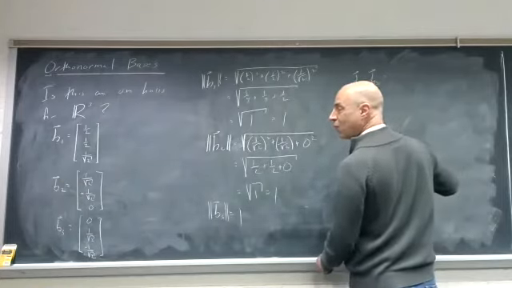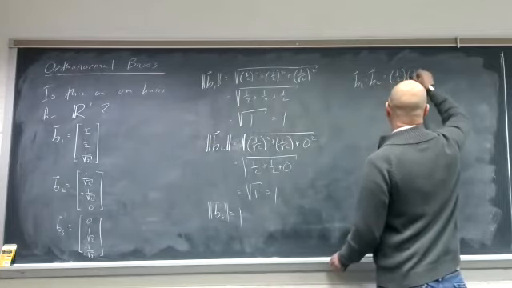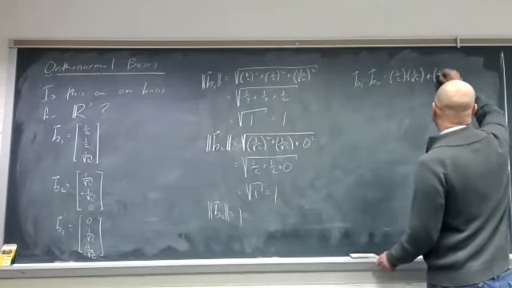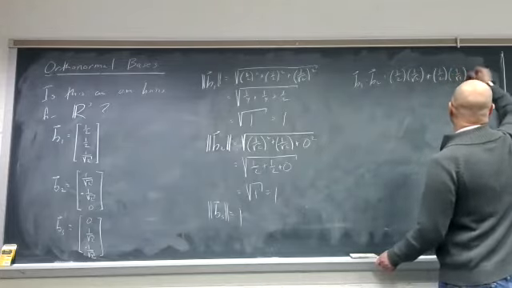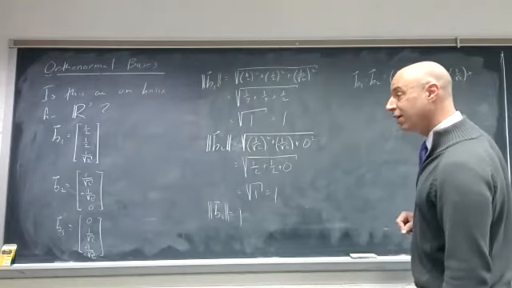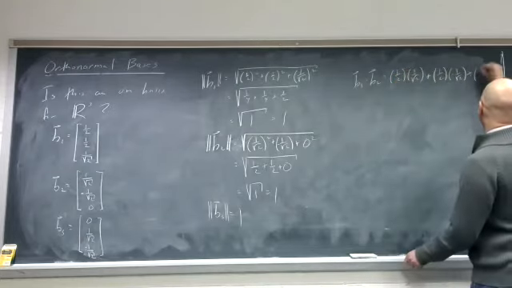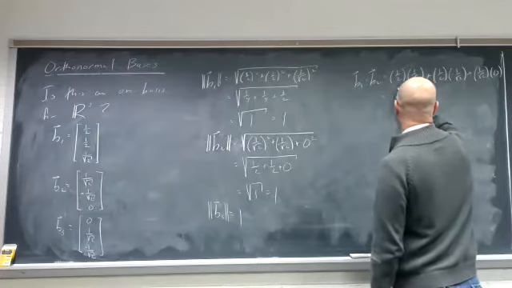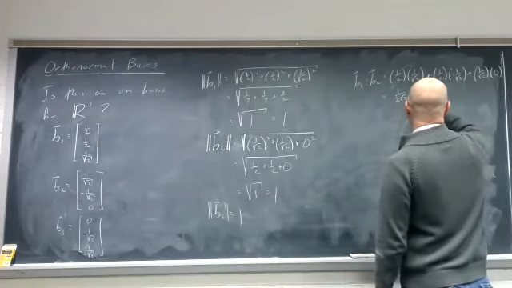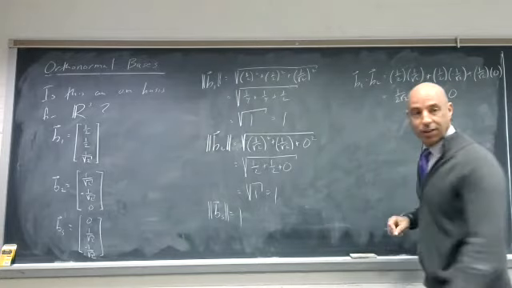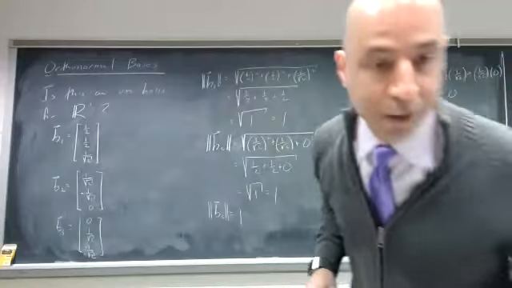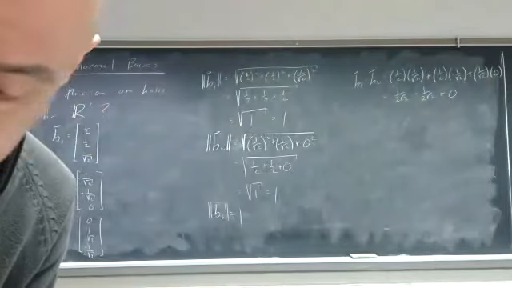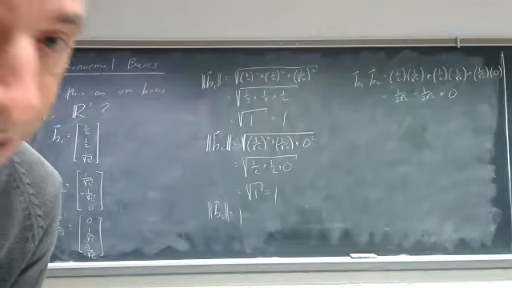That's going to be 1/2 times 1 over √2 plus 1/2 times minus 1 over √2 plus 1 over √2 times 0, so that's 1 over 2√2 minus 1 over 2√2 plus 0.